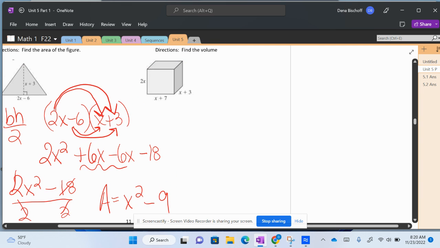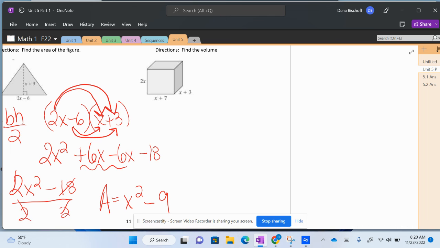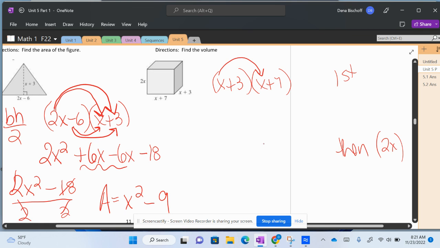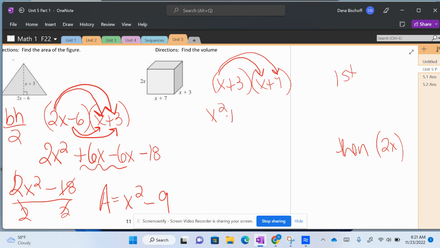So for this next one, we're finding the volume. So volume is length times width times height. So let's do the x plus 3 times the x plus 7 first. And after we figure that out, then we'll multiply that by the 2x. Is that okay? So x times x is x squared. Good job. x times 7 is 7x, and it's a positive. Positive 3 times x and 3 times 7.